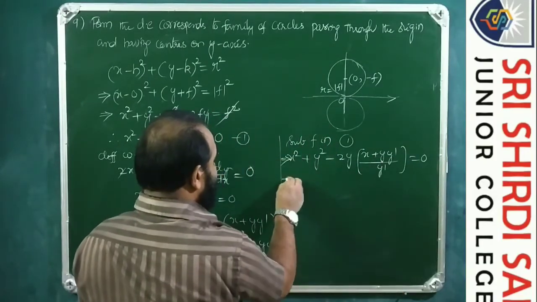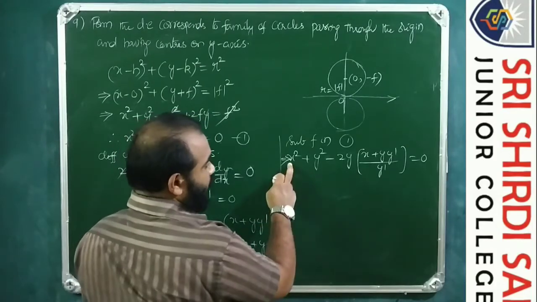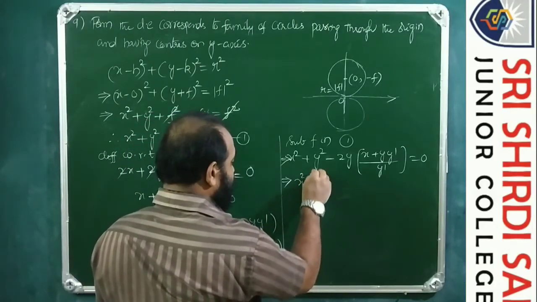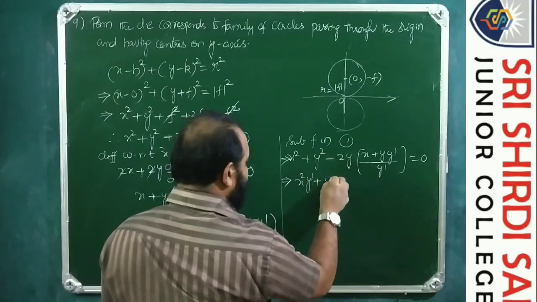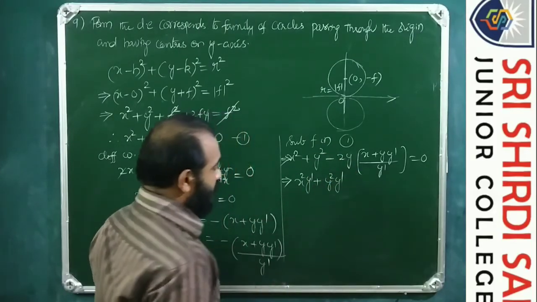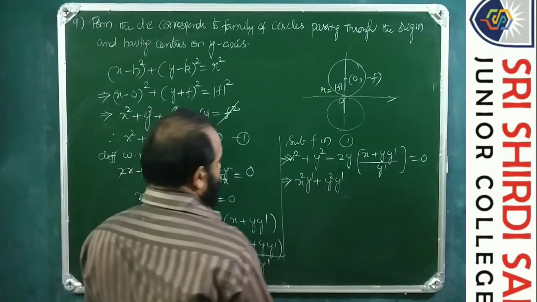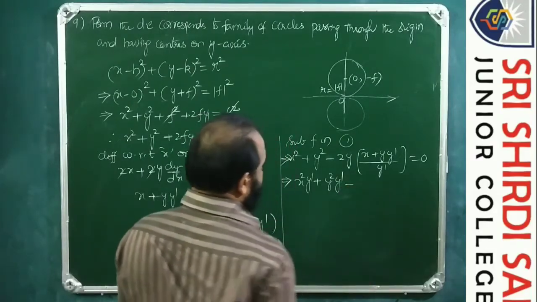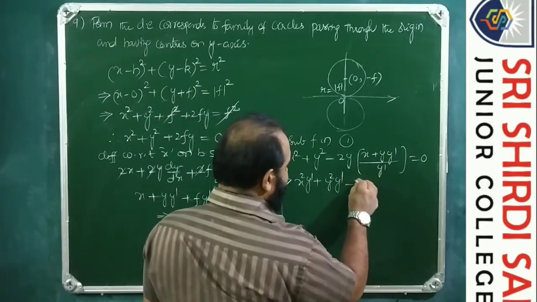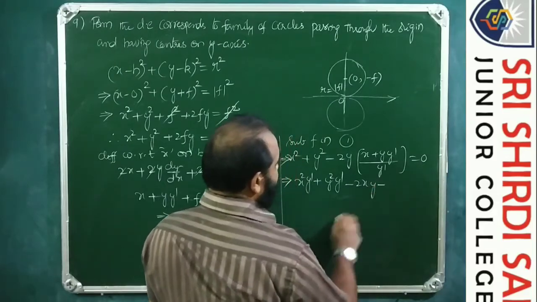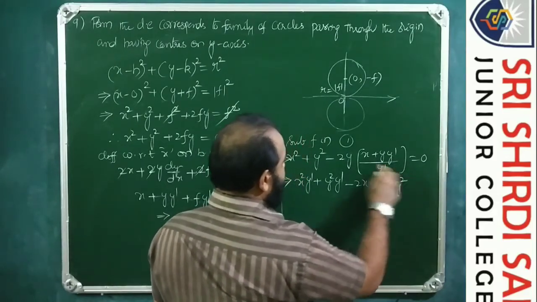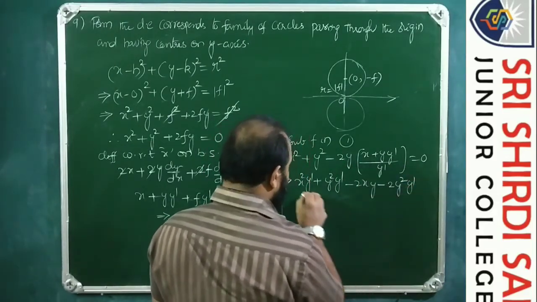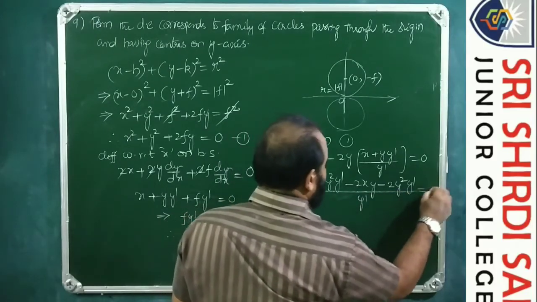If you find the LCM: x² y' + y² y' minus 2xy minus 2y² y', by y', equals 0.